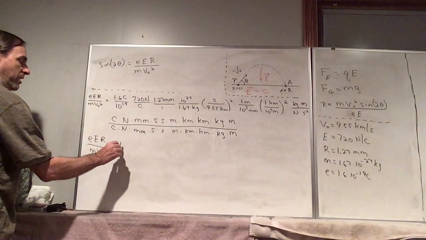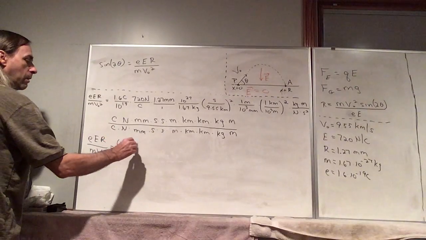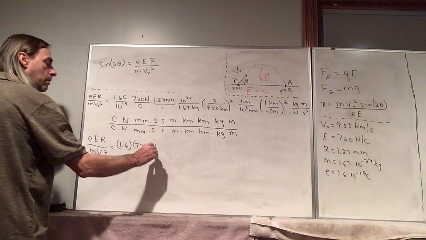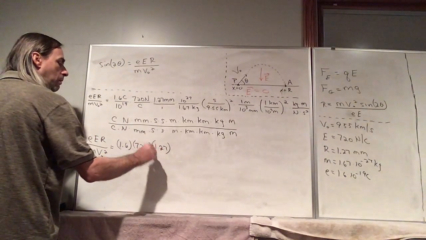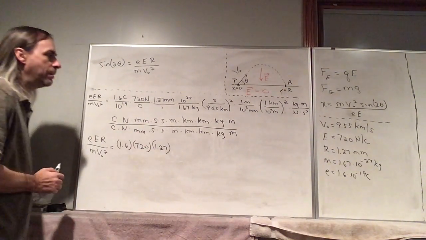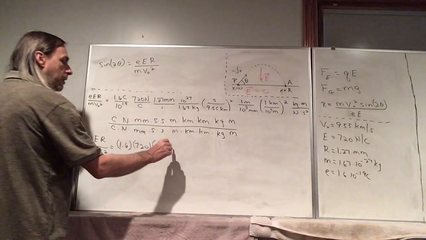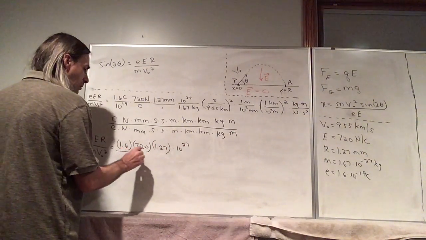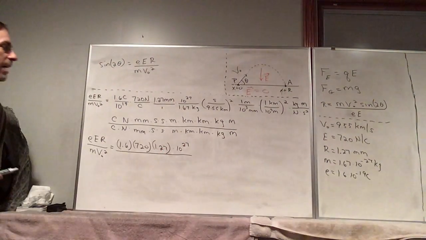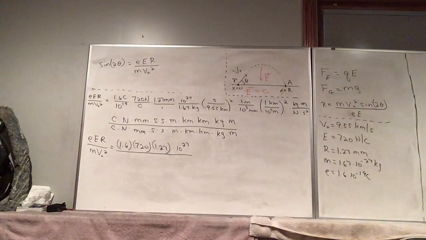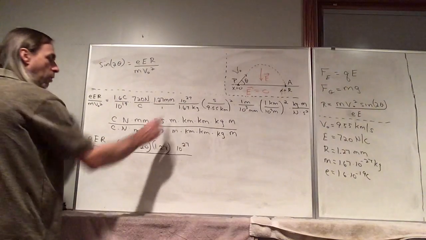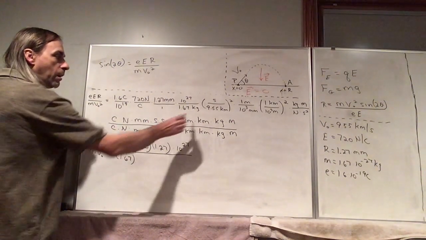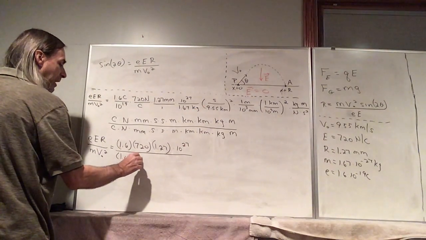Okay, so 1.6 times 720 times 1.27 times 10 to the 27. So that's all we've got on top. On bottom, 1.67 and here we have 9.55 squared.